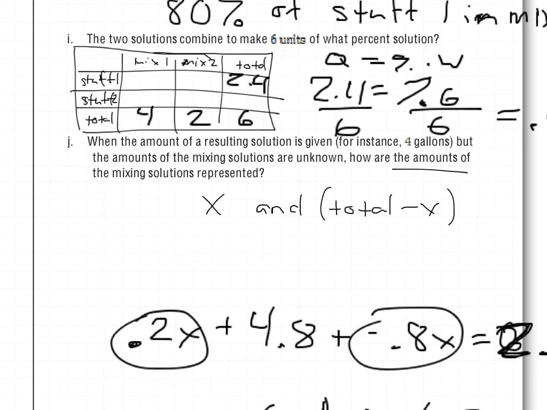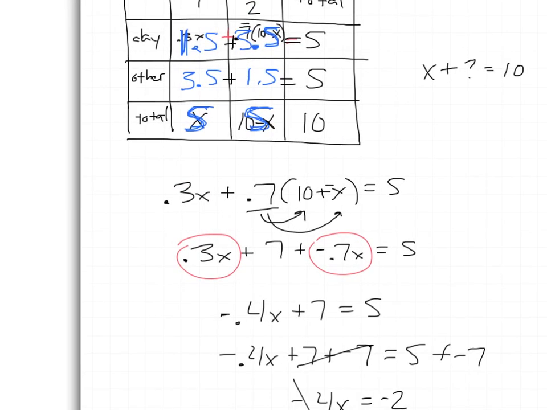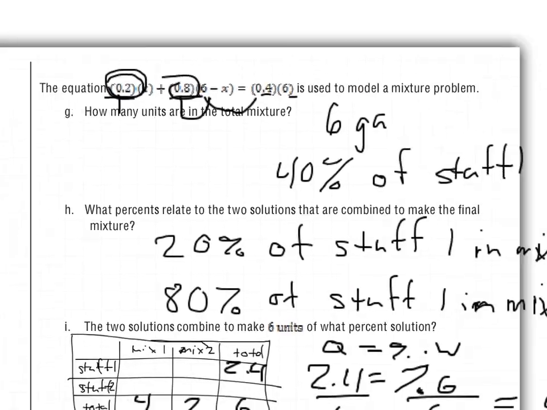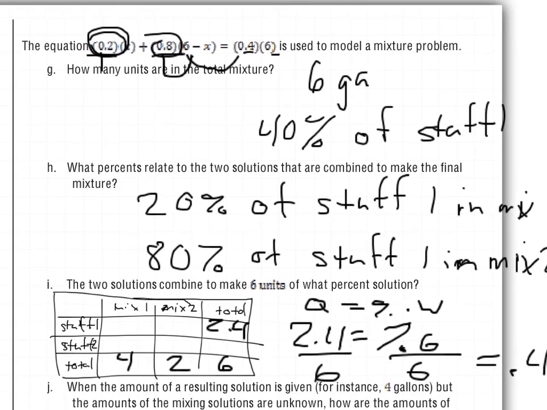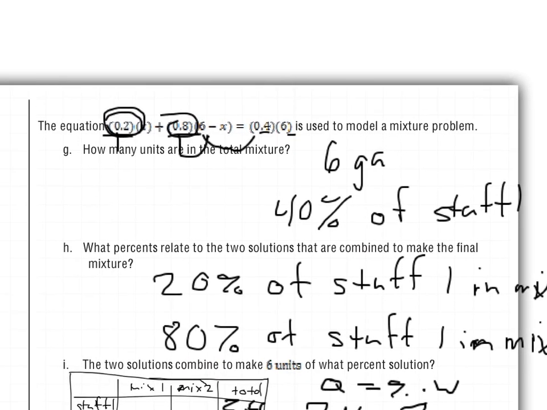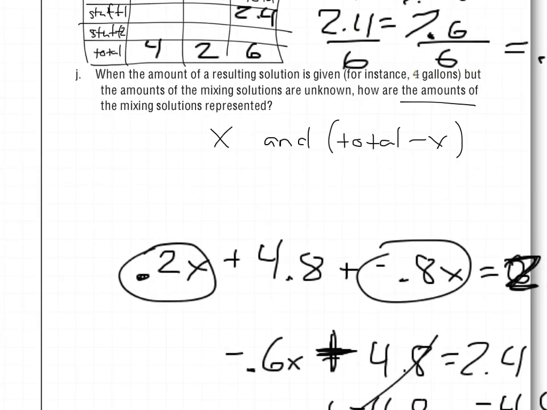So we can see that here in this example that we did over here, where the amount for the first one was x, the second one was 10 minus x, and for this one over here, it was the same story. We had x and we had 6 minus x. All right, go ahead and flip on over and finish up your alone time.